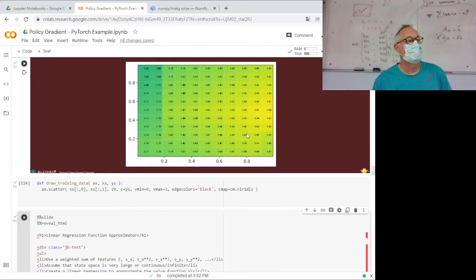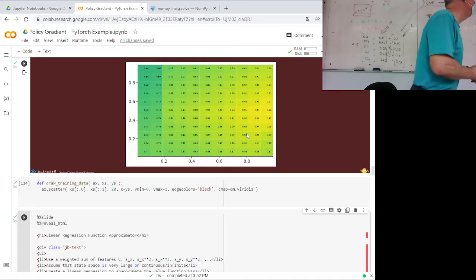To represent a surface like that, because this is basically three-dimensional now, the color tells you the height.